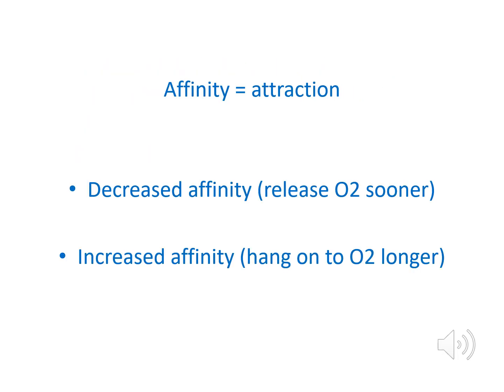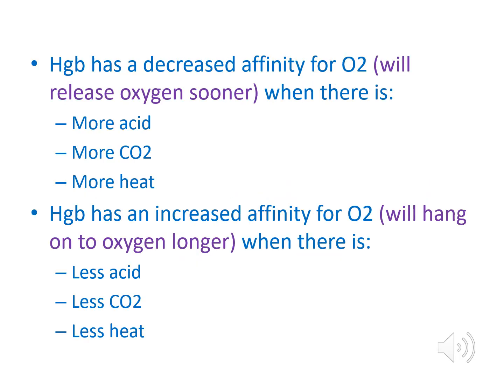Now remember, there are also some conditions that cause hemoglobin to hang on to oxygen longer. Instead of releasing oxygen when the PO2 gets to 60, it might wait until the PO2 drops all the way to 40 before it starts releasing oxygen. As you might imagine, the conditions that make hemoglobin hang on to oxygen longer are the opposite of what makes it release oxygen sooner.